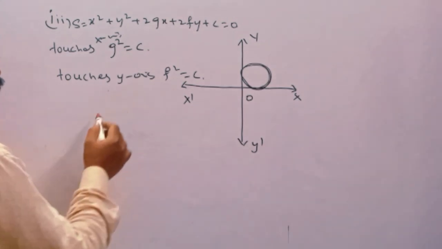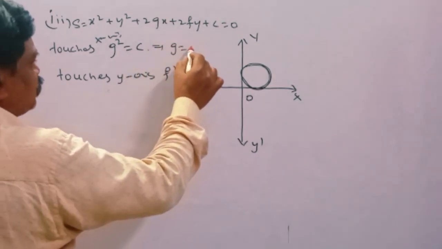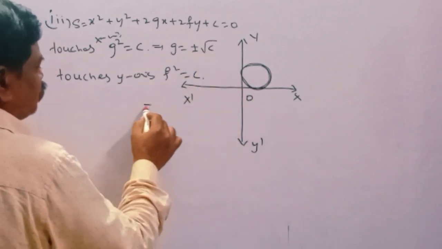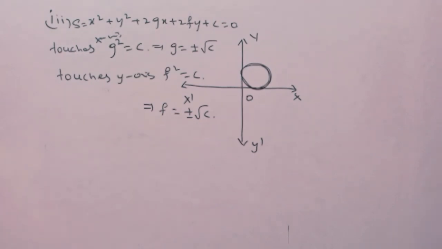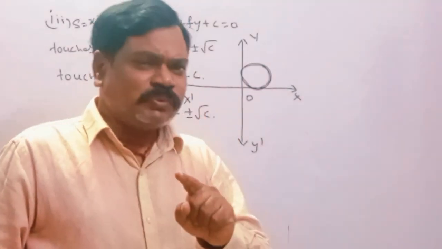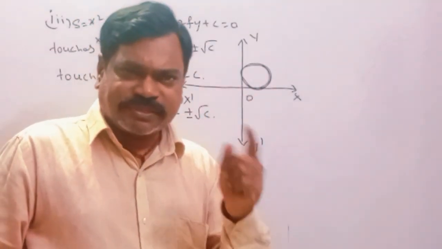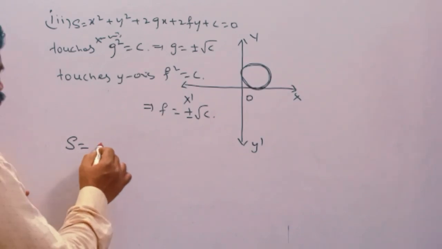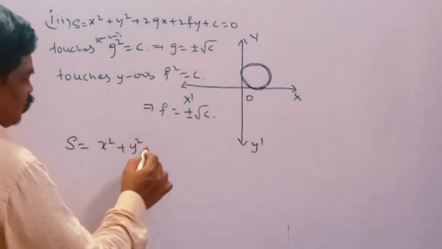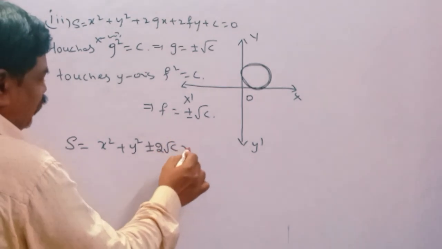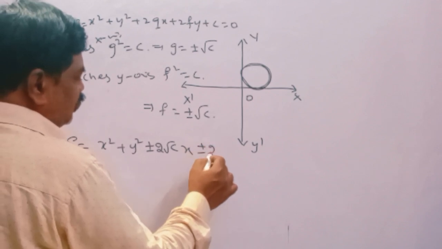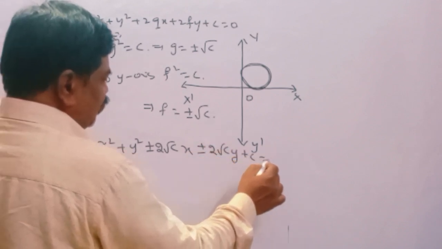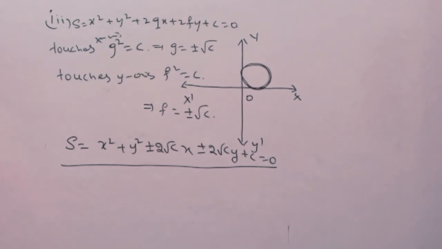Then what we can write here, what is g? g is equal to plus or minus root c. So f is equal to plus or minus root c. Then what is the circle equation? If the circle touches two axes, that is the x-axis and y-axis, then s is equal to x square plus y square plus or minus 2 root c x plus or minus 2 root c y plus c equal to 0 is the circle equation.